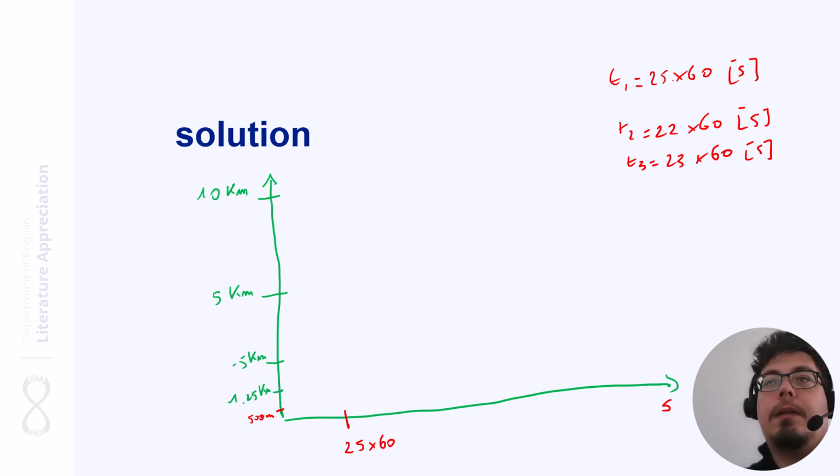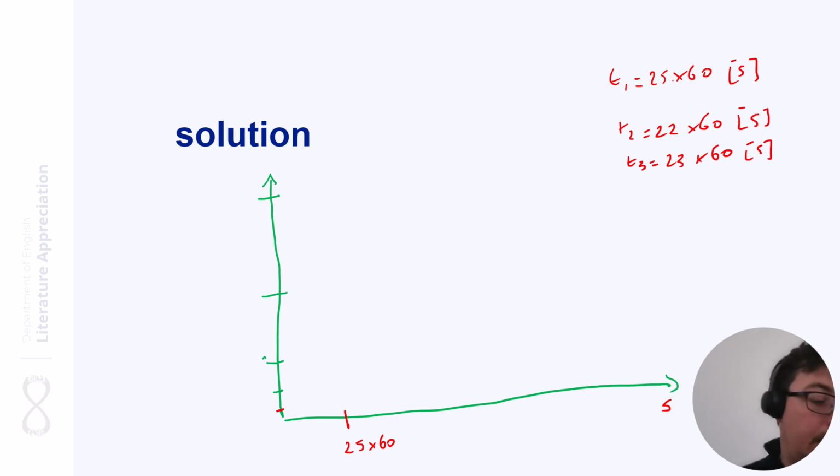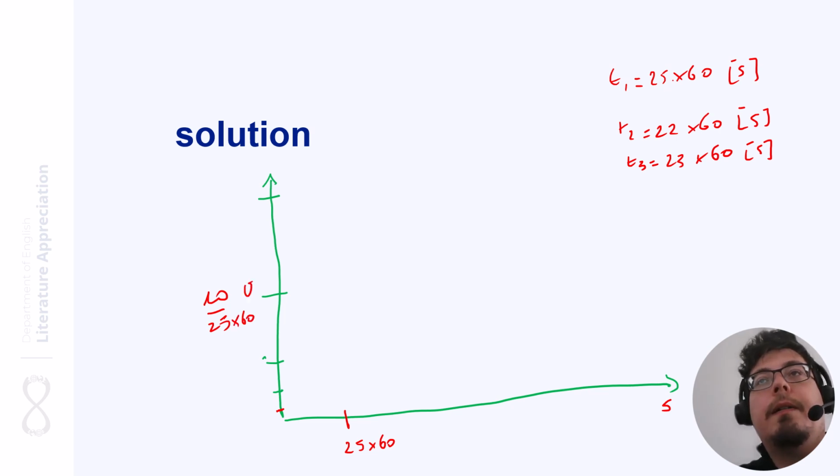Sorry, this is wrong. So the first speed is 10 divided by 25 times 60, this is V1 in meters per second, and it stays here.